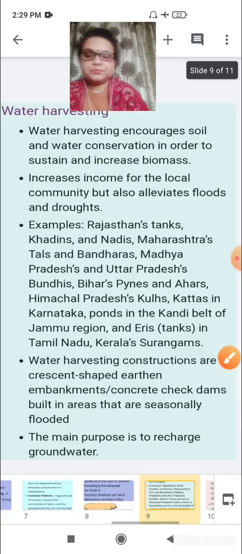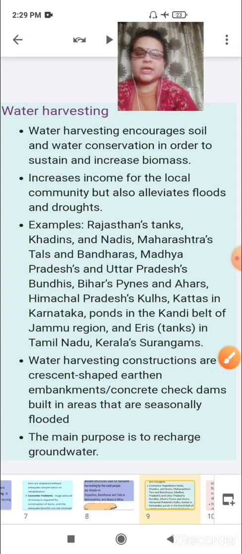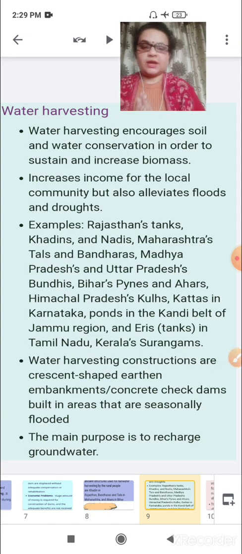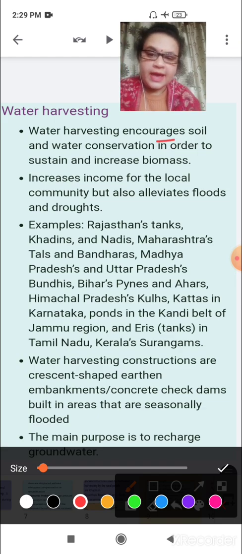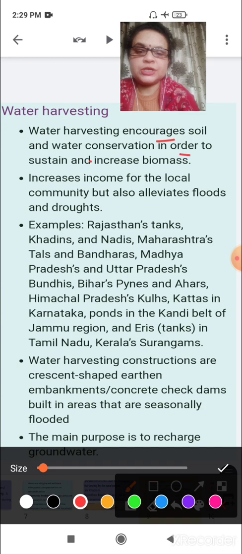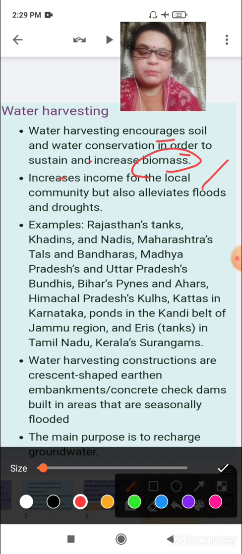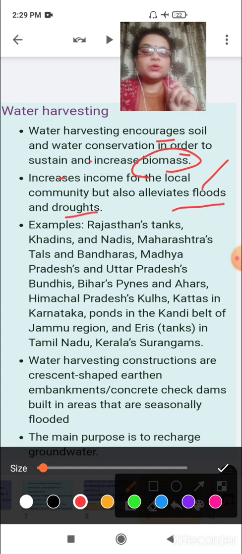Now let us study some more about water harvesting. What are the advantages of water harvesting? Water harvesting encourages soil and water conservation in order to sustain and increase biomass. It increases income for the local people and community, and also alleviates floods and drought.